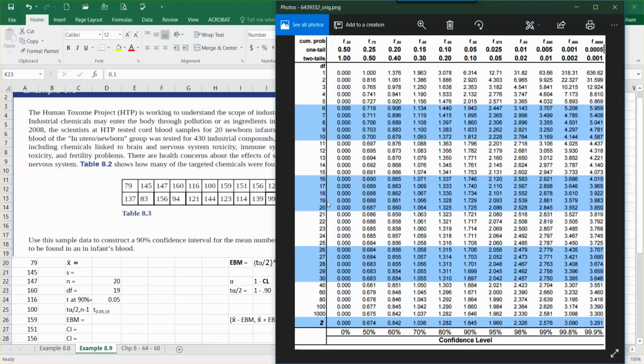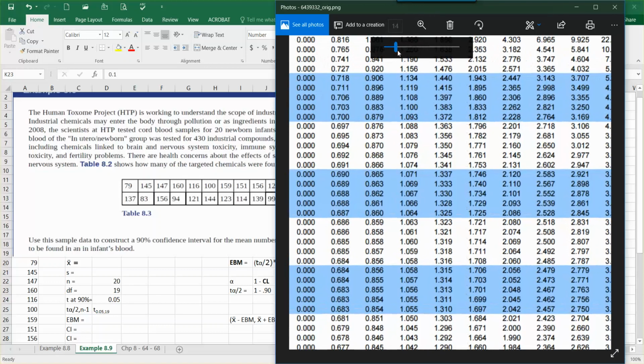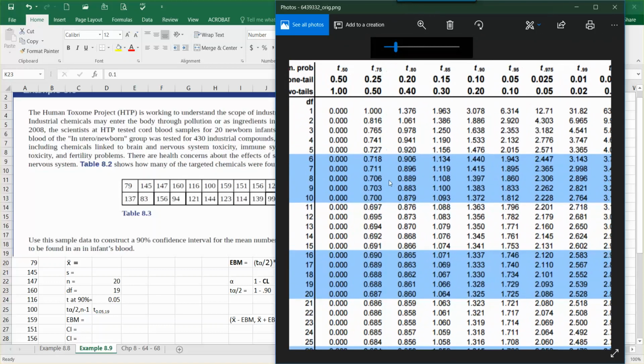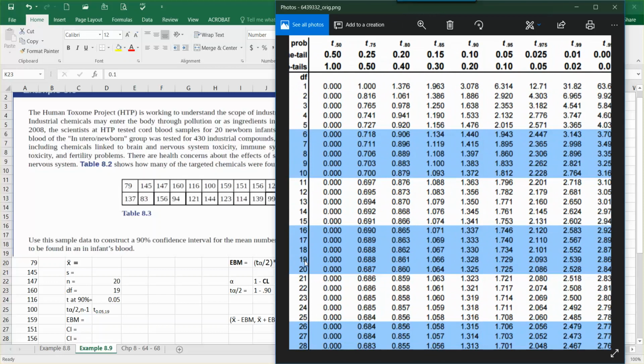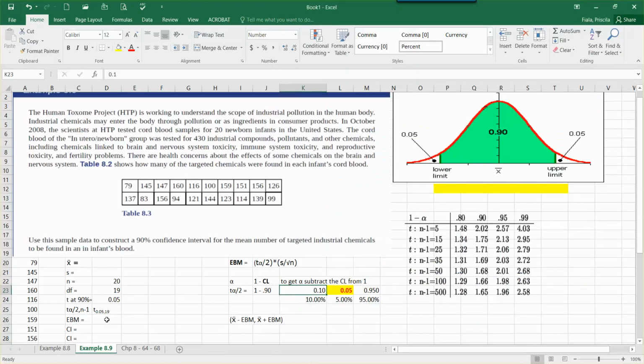So 19 degrees of freedom, and then you go all the way to here. Let me see if I can make it big enough to see both without it moving. Okay, 19 degrees of freedom at 10%, or 5% each tail, is 1.729. So right here I should put 1.729.